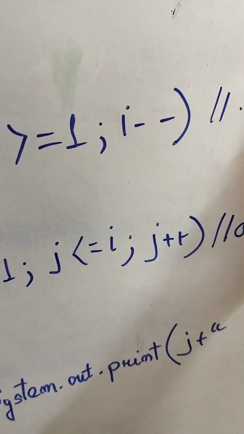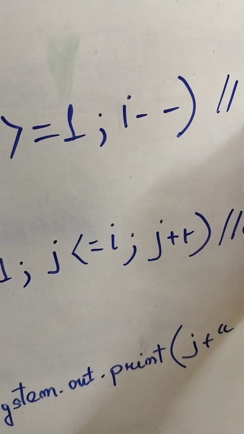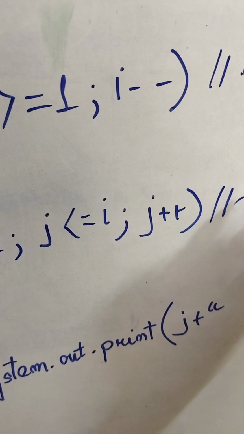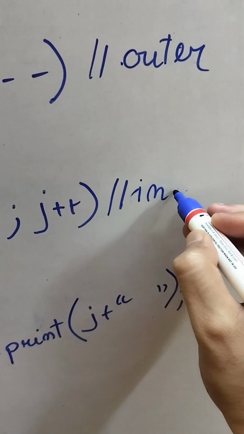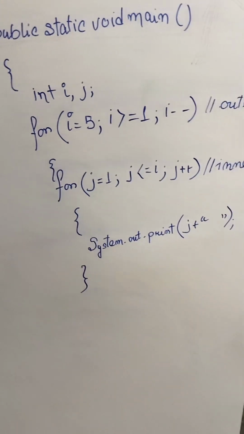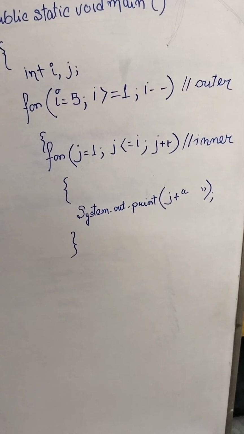I have written this is the outer for loop, this is the inner for loop. Outer is i, inner is j.